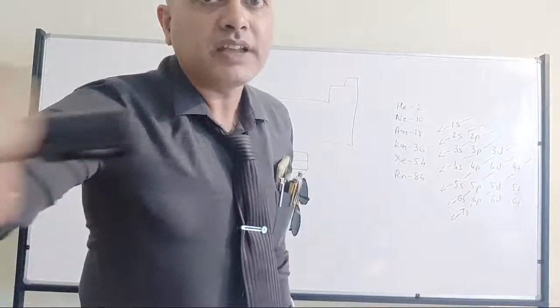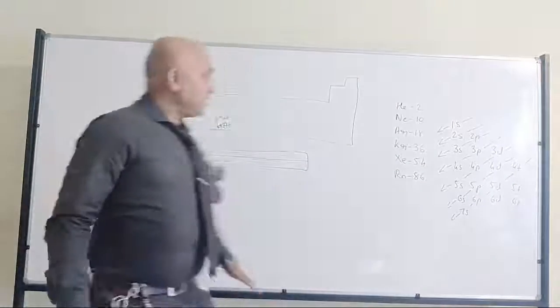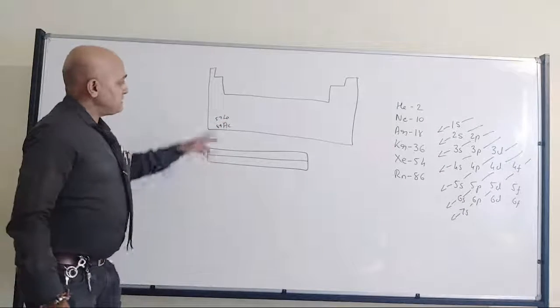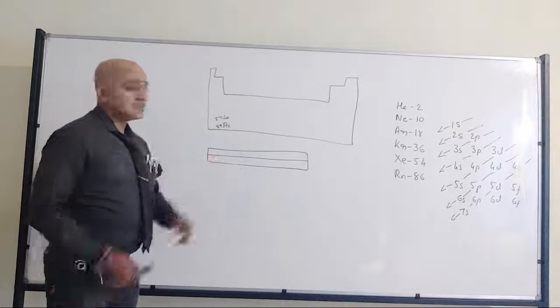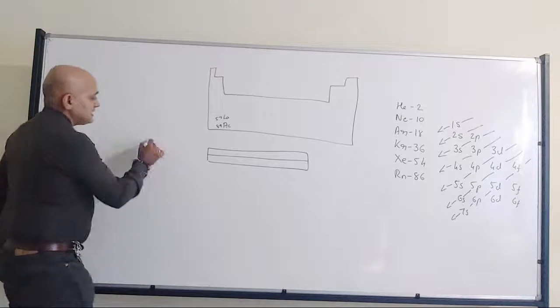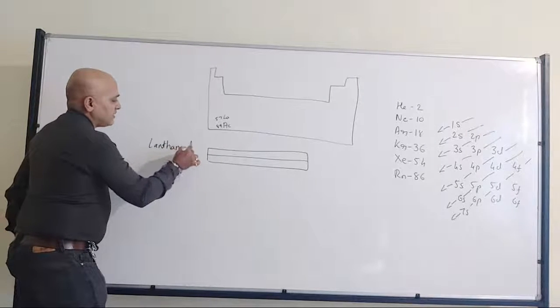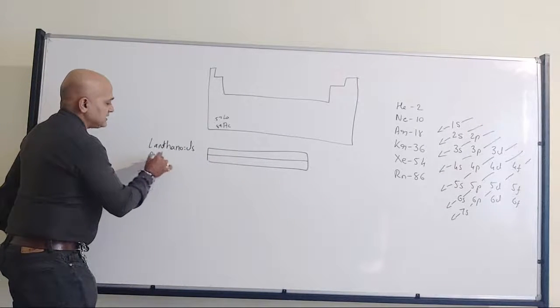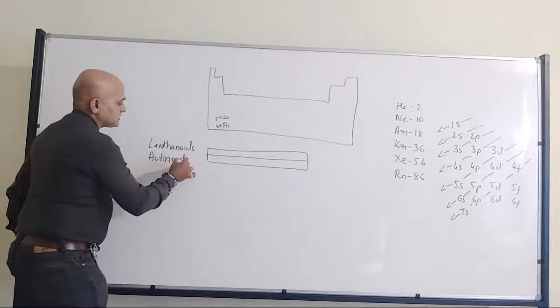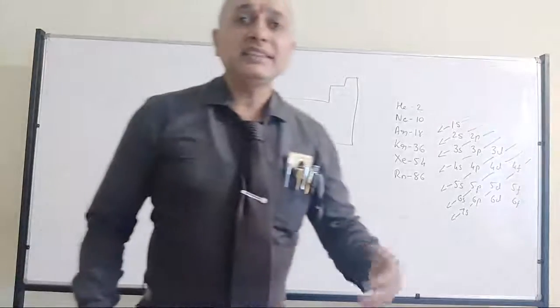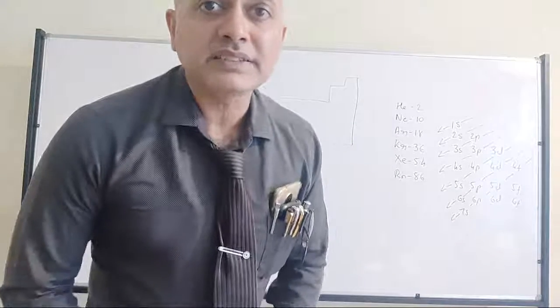That's where we have the elements after lanthanum and actinium. So this is the lanthanoid series and this is the actinoid series, because they come after the lanthanum and actinium elements.